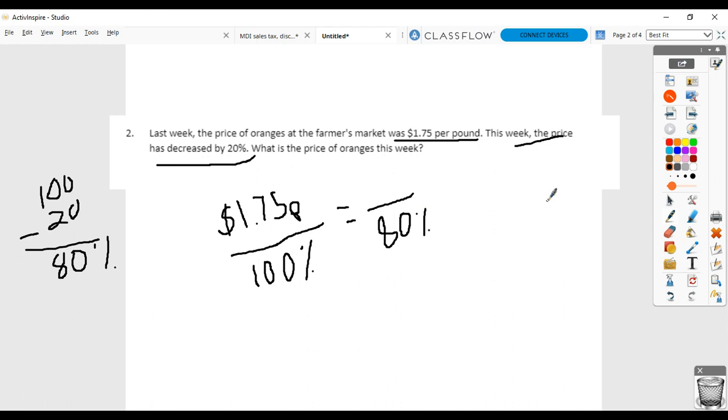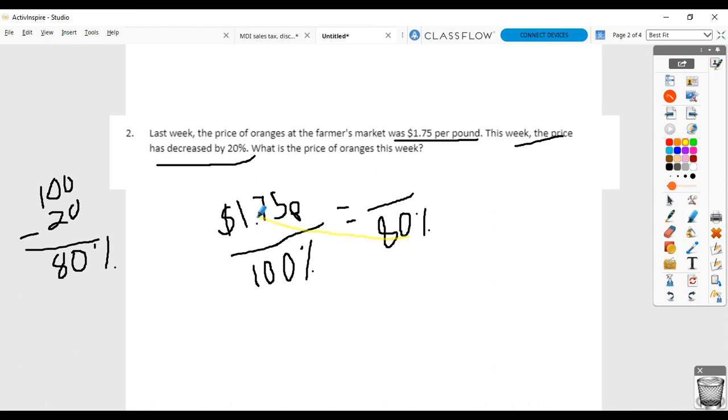All right, go ahead, solve this proportion. And as you know, for proportions, we multiply first.